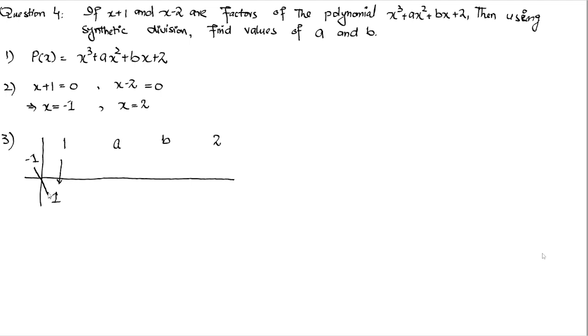Multiply it with the 0, which is minus 1, and write the result under the next coefficient. So 1 multiplied with minus 1 is minus 1. Perform addition of the 2. So we have a minus 1. Now we will multiply this result with the 0, which is minus 1, and we'll write the result under the next coefficient b.